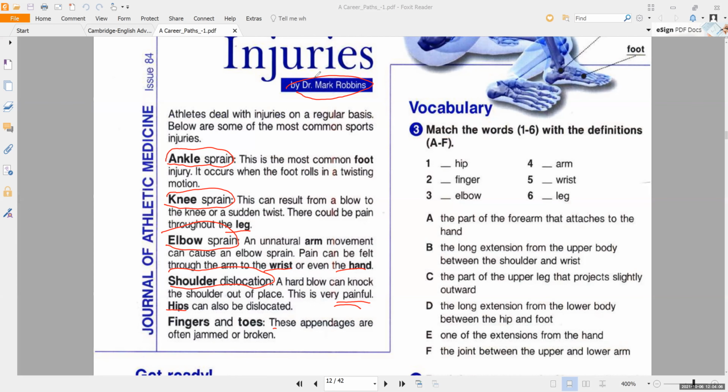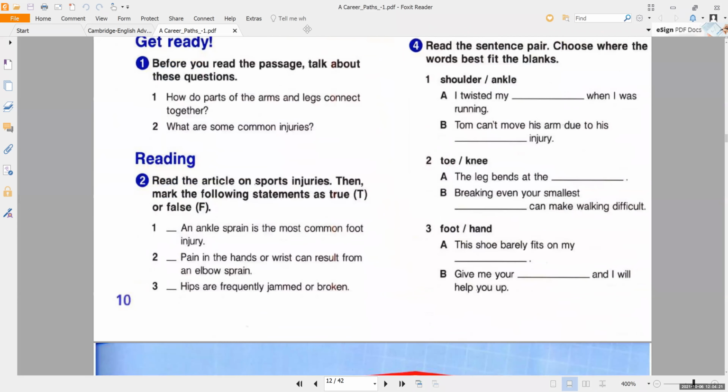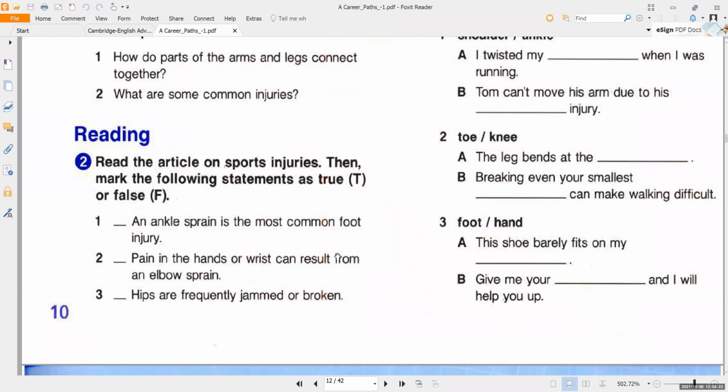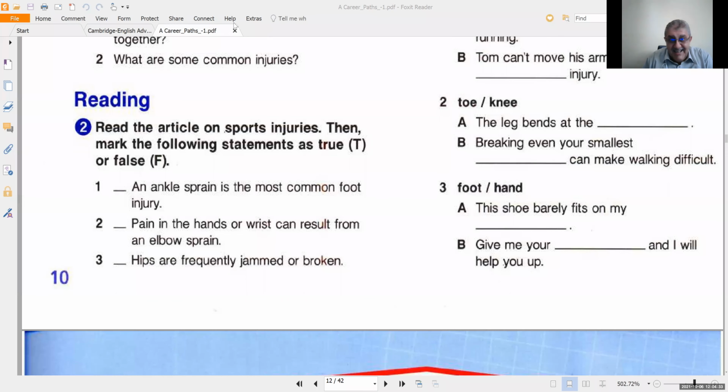Okay, we listened to Dr. Robbins, and he talked about some of the injuries that occur to sports people. Now, we have three questions here: true or false. Number one, an ankle sprain is the most common foot injury. So I want you to read the questions here and listen again.